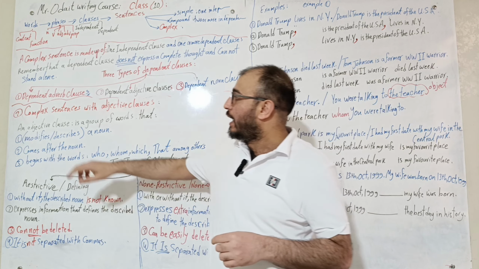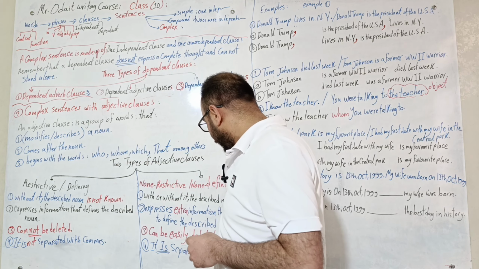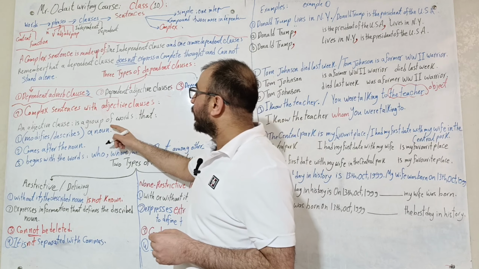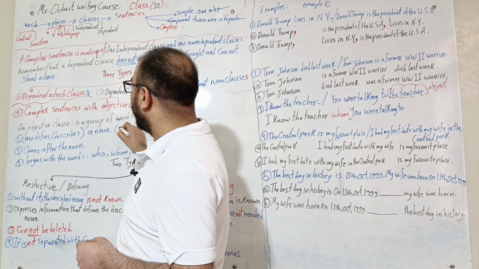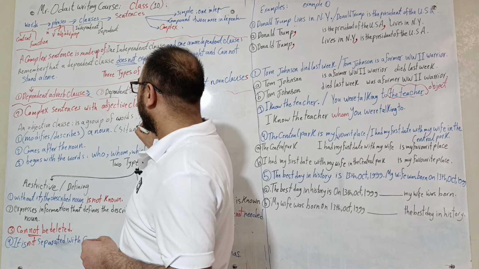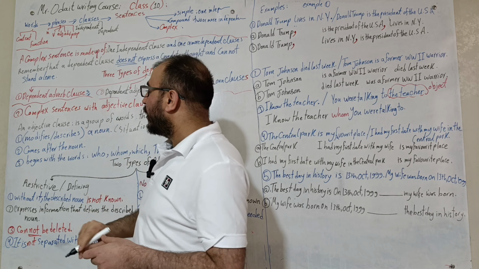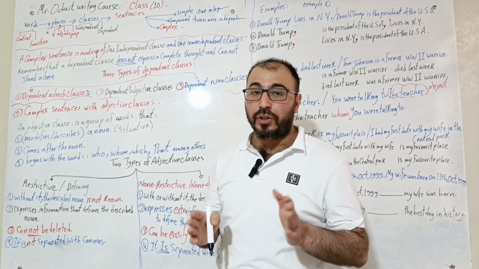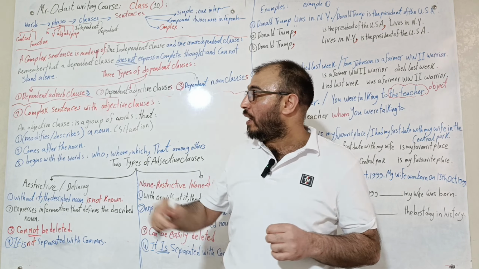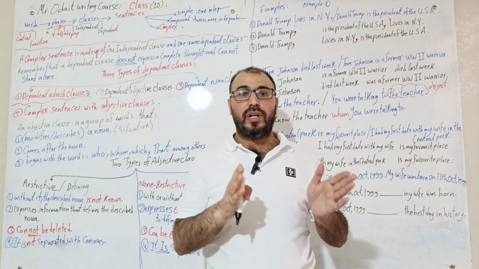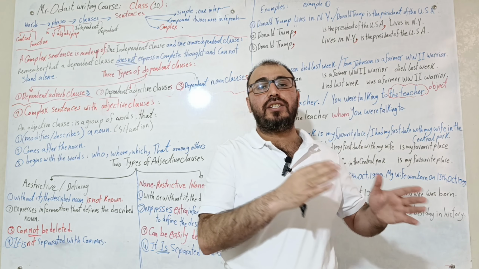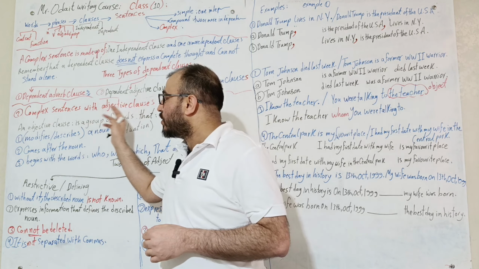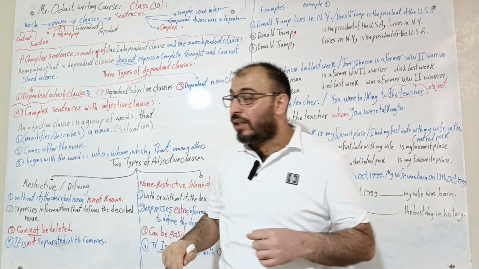Here, my friends, an adjective clause is a group of words that, number one, modifies or describes a noun or a situation also, as we said before. And number two, comes after the noun. Generally, an adjective comes before the noun, but when the adjective becomes a clause, an adjective clause, it always comes after the noun.